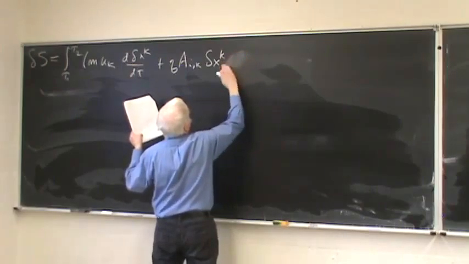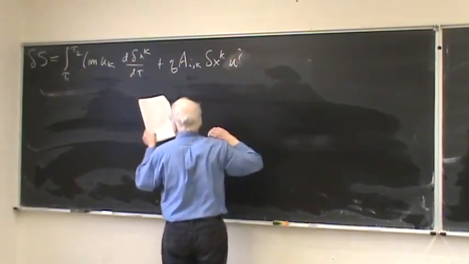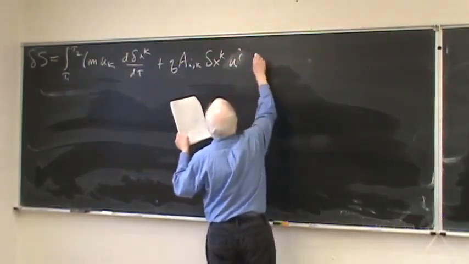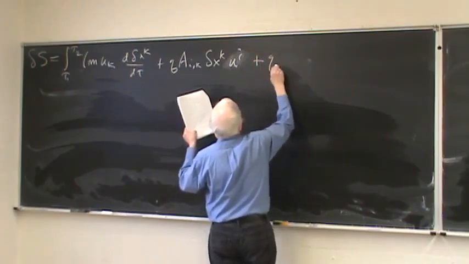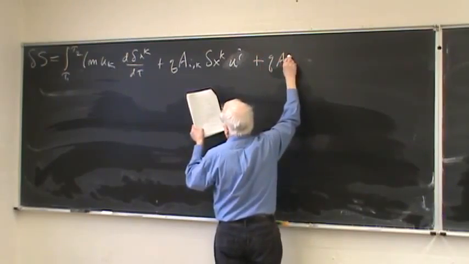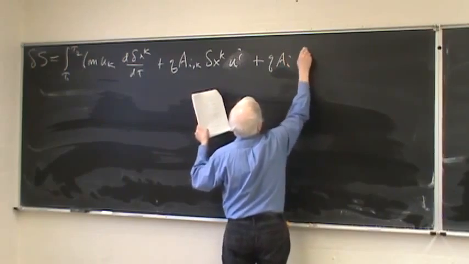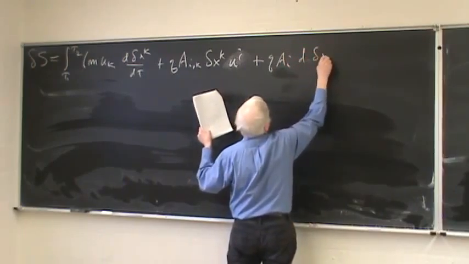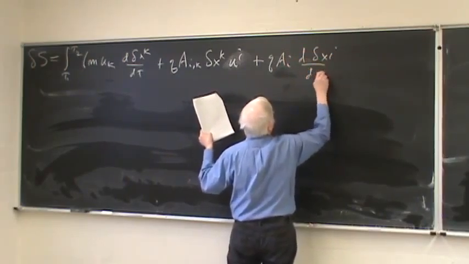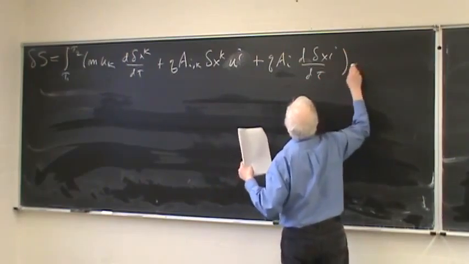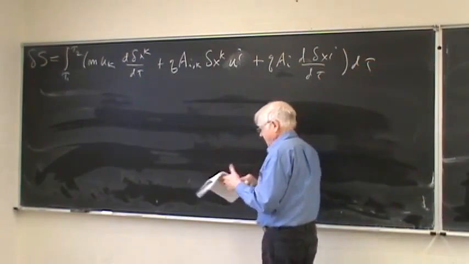Well, that's just u^i. Plus q A_i d over the change in x^i dτ, and all that dτ.